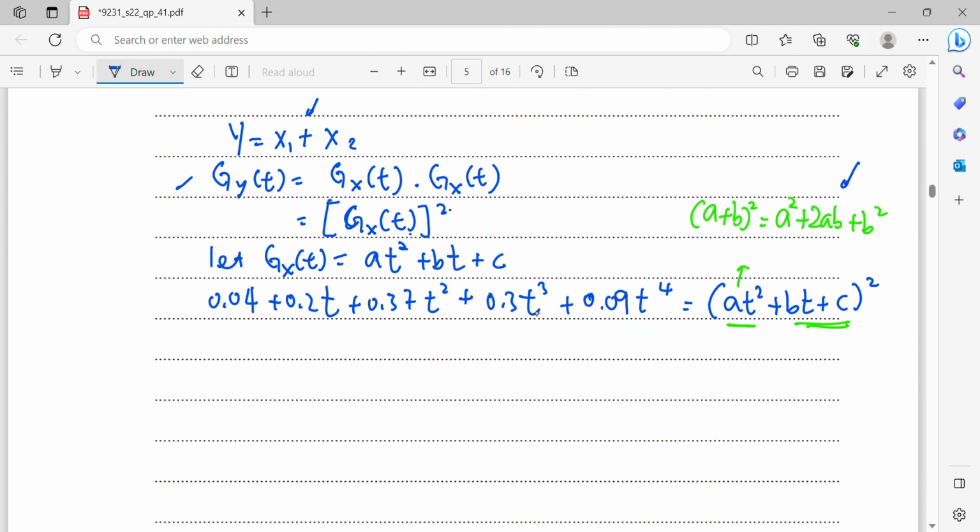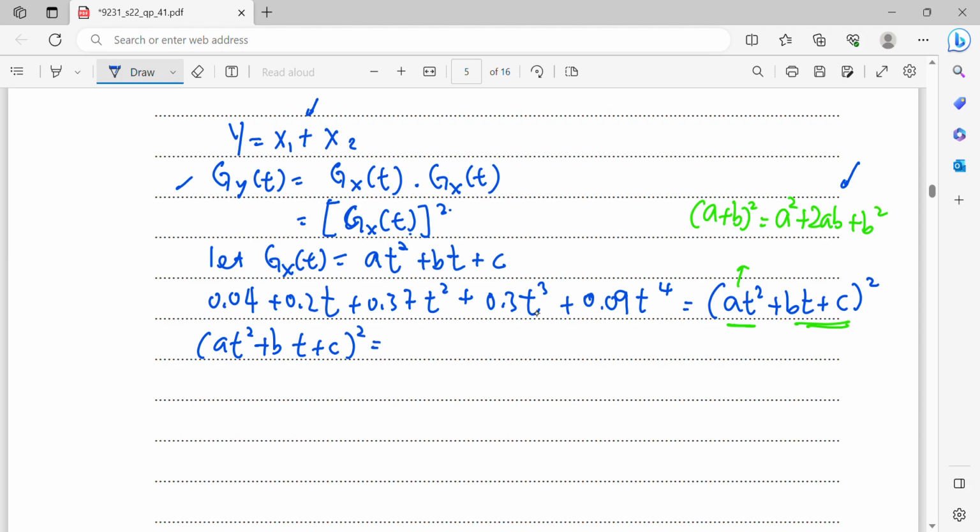So now what I need to do here is I will write this equals to at squared. Okay, or I will do it separately because I need more space for this. So I will just write (at squared plus bt plus c) squared.